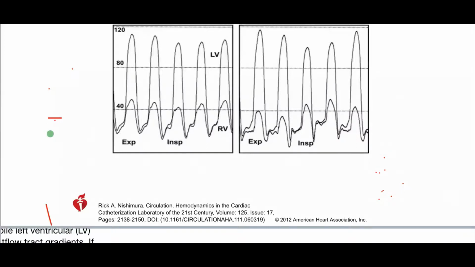Just in physiological conditions, we still have less blood coming to the left side of the heart during inspiration. Why?